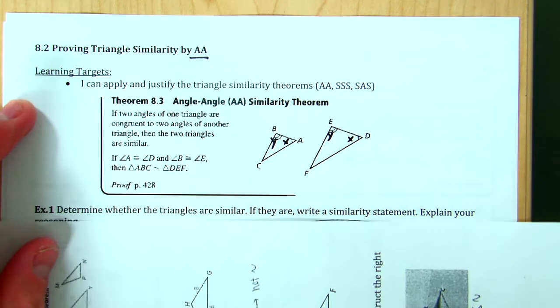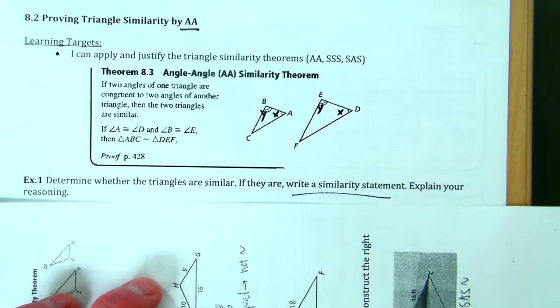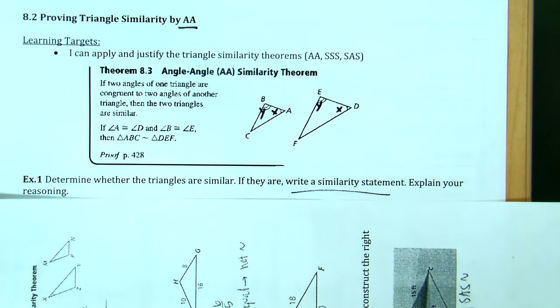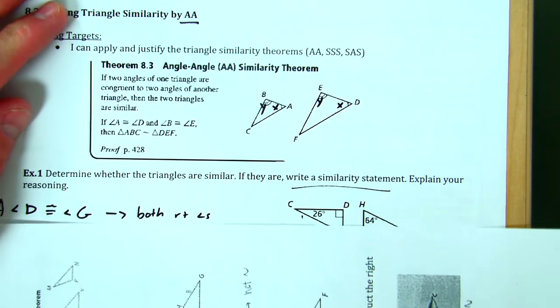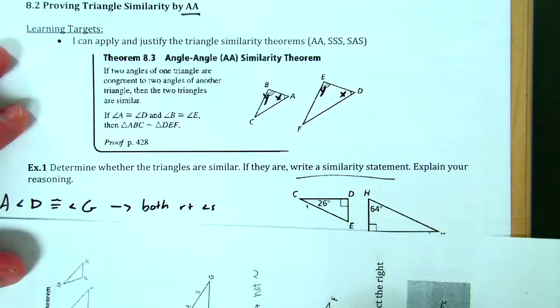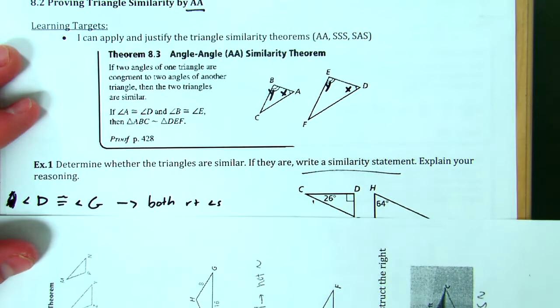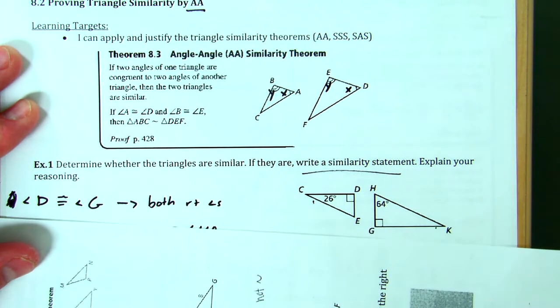Okay. So in example 1, it says, determine whether the triangles are similar. If they are, write a similarity statement. Explain your reasoning. All right. Well, if you take a look at these figures, or the figure underneath, we're trying to find angles that are congruent. I think it's pretty clear to say right away that angle D and angle G have to be congruent because they're both right angles.